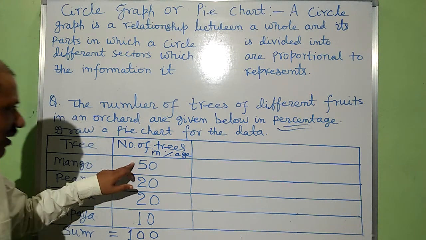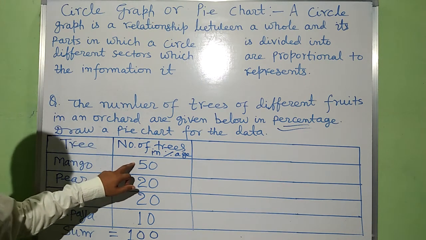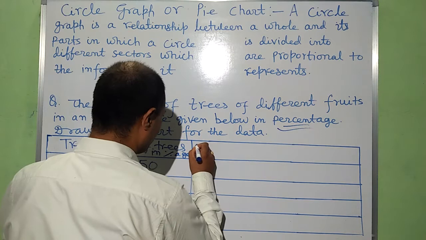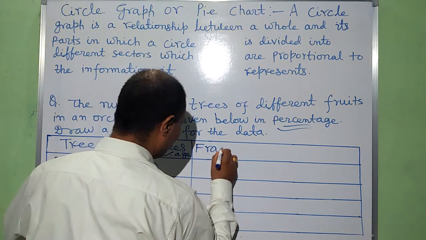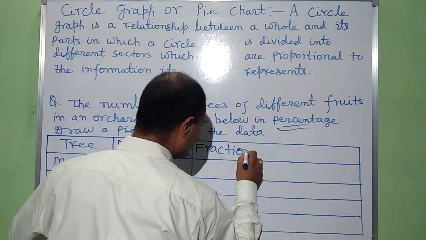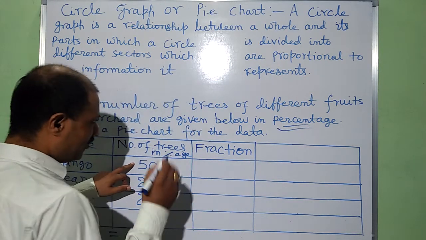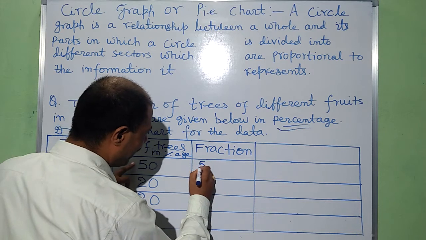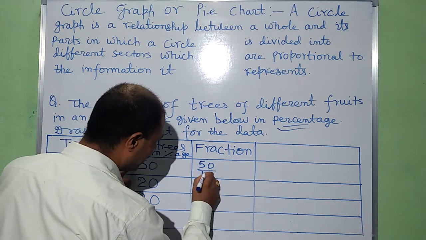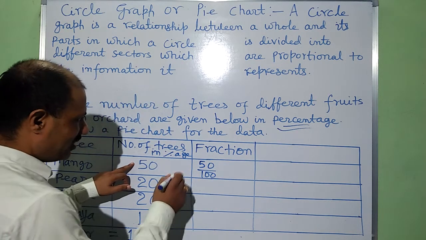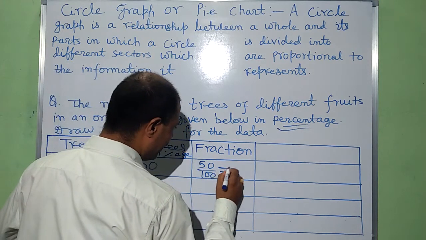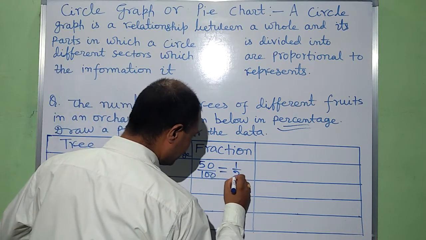Even 50% means 50 out of 100. Its fraction will be like this: 50% means 50 by 100. When we simplify it, the fraction will be 1 by 2.